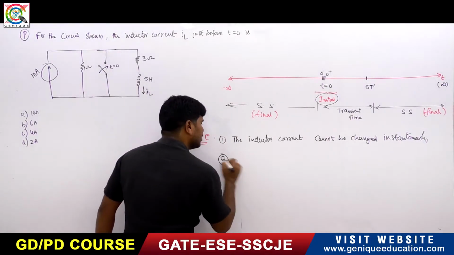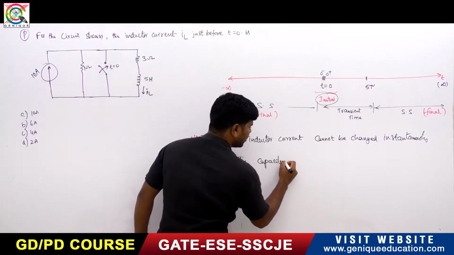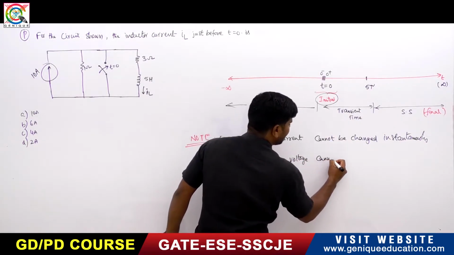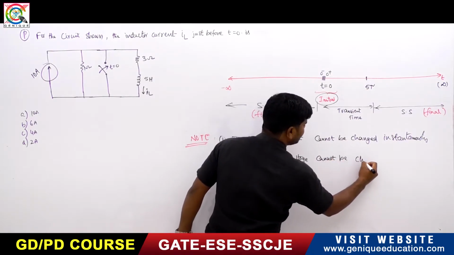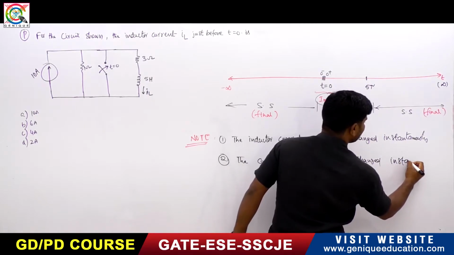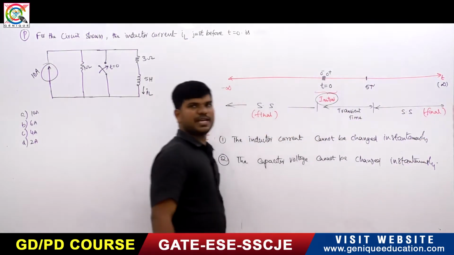Similarly, write: the capacitor voltage cannot be changed instantaneously. So what is the meaning of this?